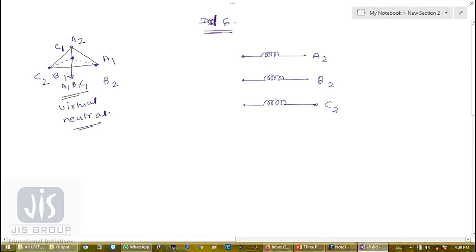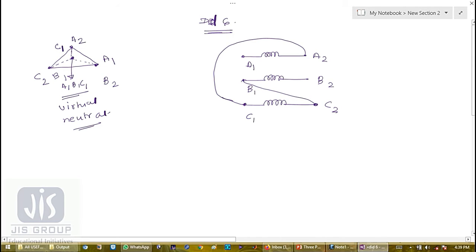Okay, now these are the brought out terminals, A2, B2 and C2. Now connection is A2 C1, so this is my C1, B1, A1. So A2 C1, this is the connection. Now B1 C2, this is my another connection.